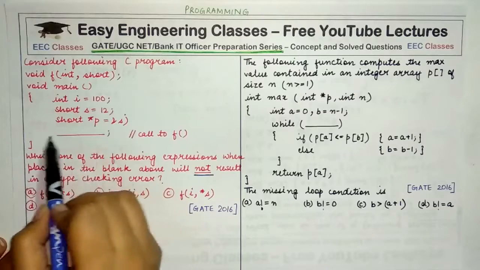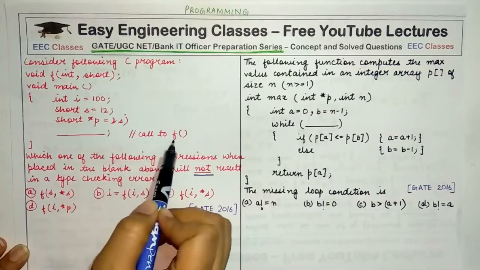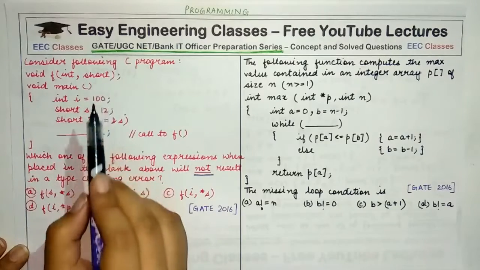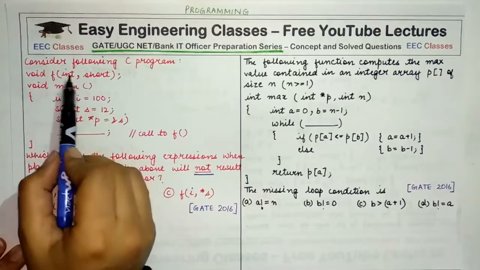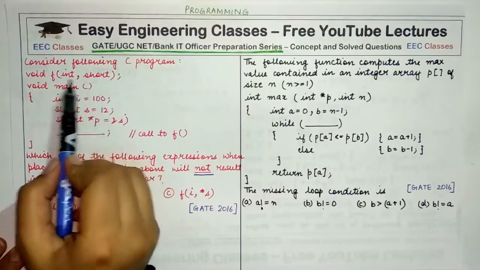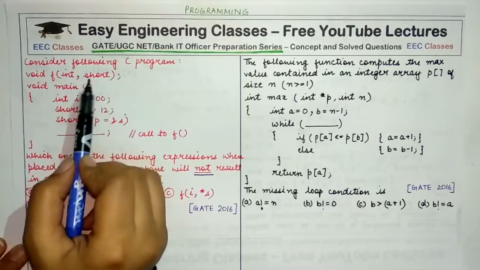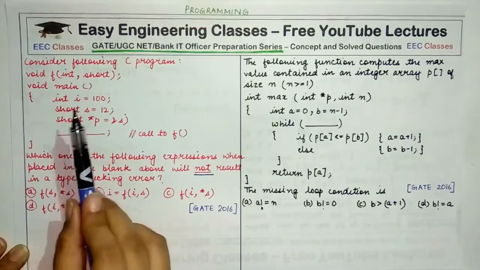Now we have to tell what should be the correct call to the function f. Since f contains int and short parameters, the corresponding call should also adhere to it.